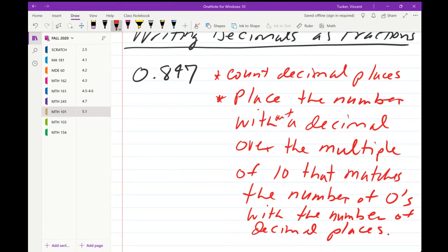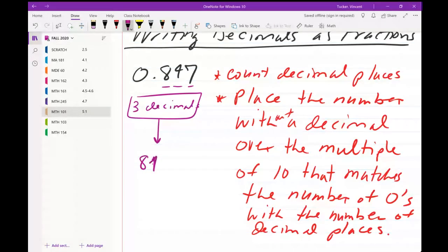So what I mean by that is that here, at 0.847, we have 3 decimal places. So we're going to take that 847, the number without a decimal, and place it over the multiple of 10 that matches.